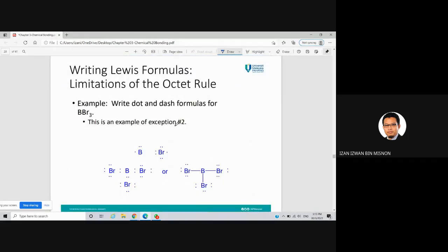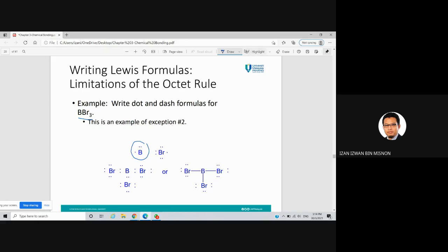For exception number 2, boron tribromide, BBr3. Boron, in group 3, has 3 electrons on the valence shell, and bromine has 7 electrons on the valence shell. As the boron only has 3 electrons that can be used for sharing, that is, used in the bonding, only 3 bonds will form.